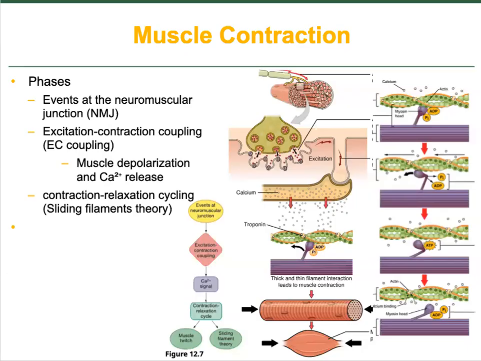Muscle contraction can be broken down into a few separate phases, the first of which is events happening at the neuromuscular junction. This is something we've already discussed in a previous lecture. Recall that this motor neuron has an action potential that travels down the axon all the way to its axon terminal.